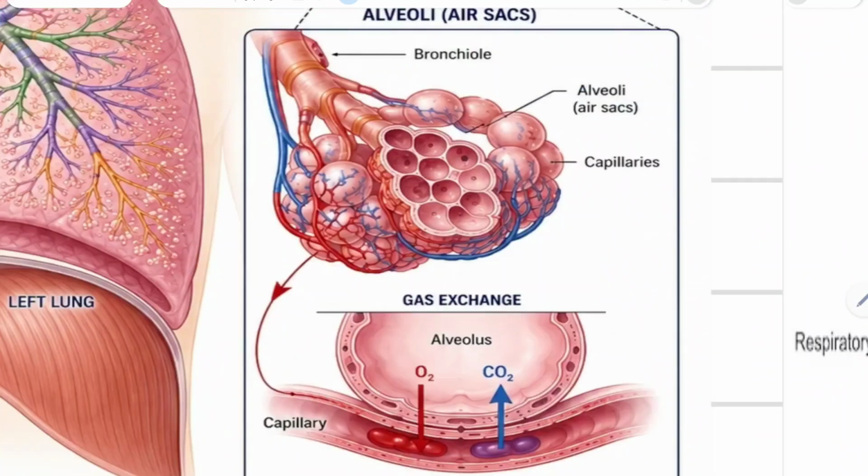The air has reached inside the alveoli, so the oxygen from the alveoli will enter the blood, and the carbon dioxide from the blood vessel will enter the alveoli, and further this carbon dioxide will be exhaled out from the human body. So this is how the alveoli act as site of gaseous exchange.